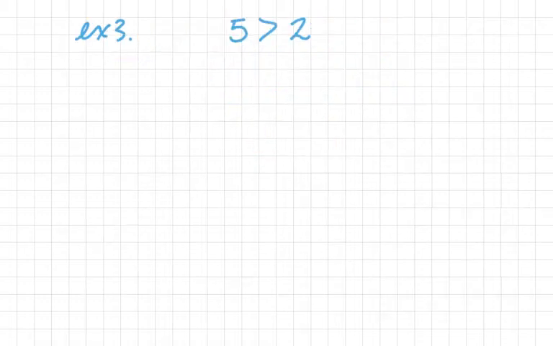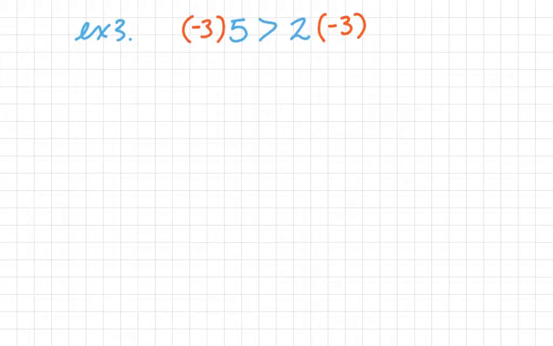In this example, I just have a true statement here, a true inequality, right? We know that 5 is indeed greater than 2. That's true. If I was to multiply it by a negative number, let's just say, any negative number, negative 3. Let's multiply it by a negative 3 on both sides and see what it does.